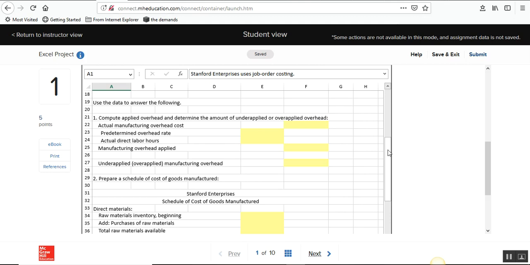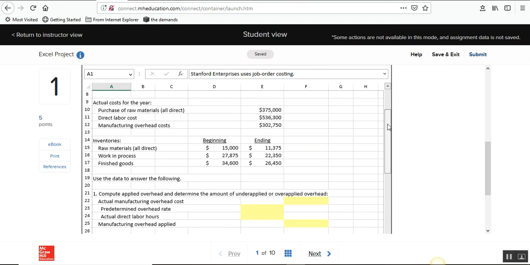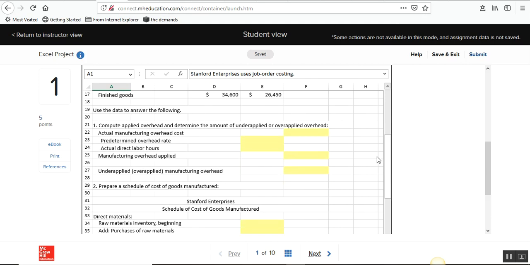So instead of typing in a number, you want to refer to the cell where that number comes from in this yellow cell here, or do a calculation in this cell using these other numbers up here.